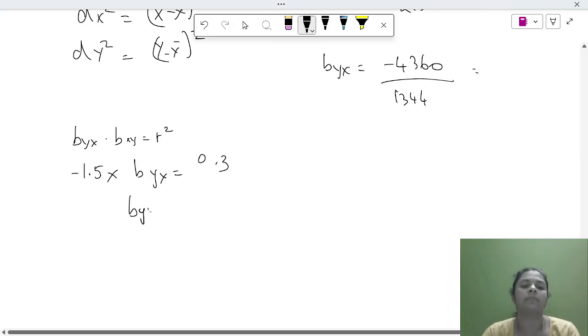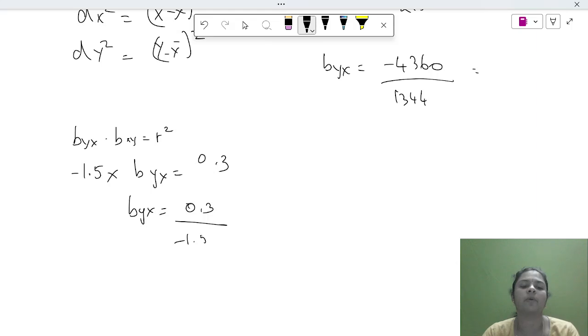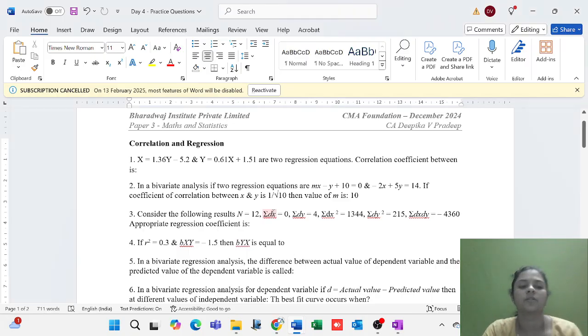So calculate byx is equal to 0.3 divided by minus 1.5, which is minus 0.2. Remember the sign, remember bxy and byx will have the same sign, so this is negative, minus 0.2. So clear with the fourth one?